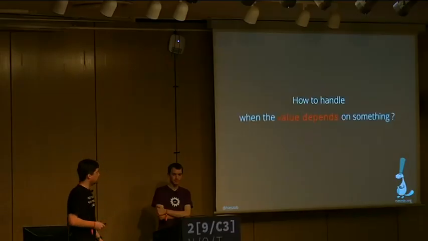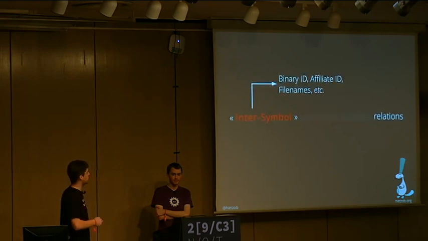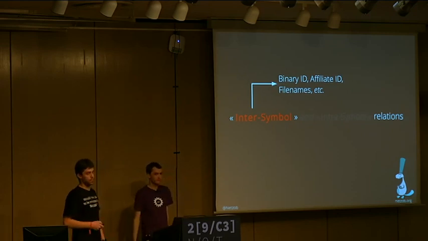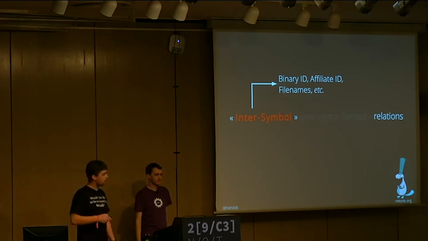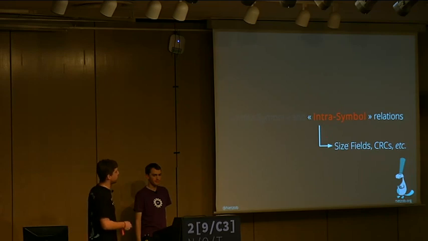But there is something every reverser is looking for, which is to find relations automatically. That's the kind of problem when you have a value that depends on something else, like a field which contains the binary ID of the botnet, the file name, the affiliate ID, or when a field contains the size of another field, or a CRC of another field.